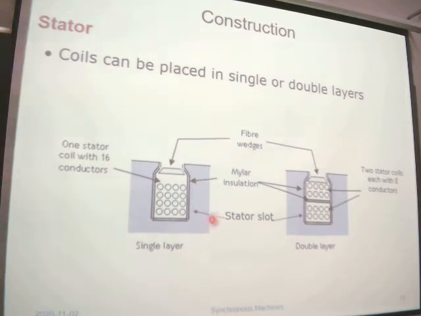The coils are placed in the slots, maybe single or two layers. The right is two layers. The left is a single layer. This is just the same as the DC motor and the induction motor.